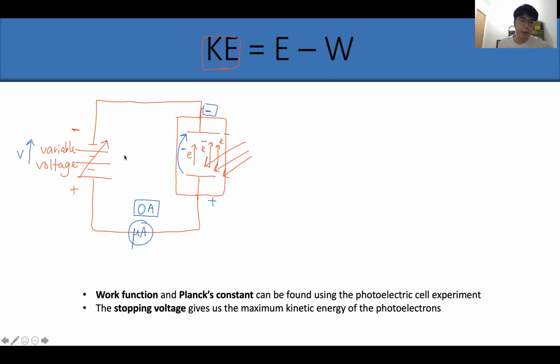Whatever the voltage used to stop the electrons from reaching the plate, we give it a name: the stopping voltage. The stopping voltage is the voltage used to stop the electrons from flowing to the plate. Now, why do we want to find the stopping voltage? The whole point of this experiment is to find the stopping voltage.